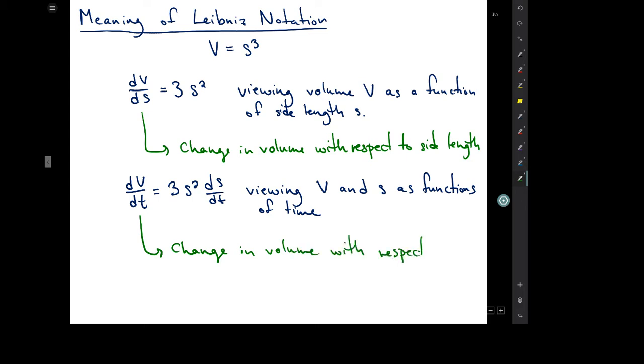And this rate of change here, so here when I take the derivative implicitly, where both of these are functions of time, I get two rates of change. And this one is the change in side length with respect to time.